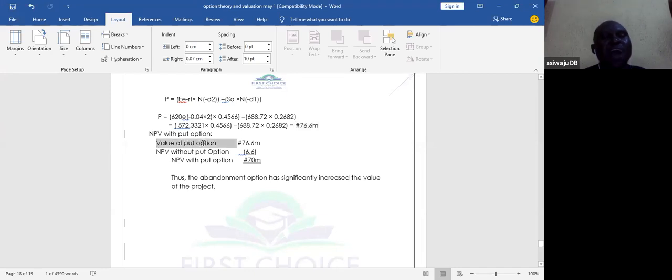You are going to have the value of the put option, 76.6, which you add to the NPV without the option. The NPV with the put option, that is, with the abandonment option, is 70 million. Meaning that where the abandonment option is taken into consideration, the abandonment option has significantly increased the value of the project.